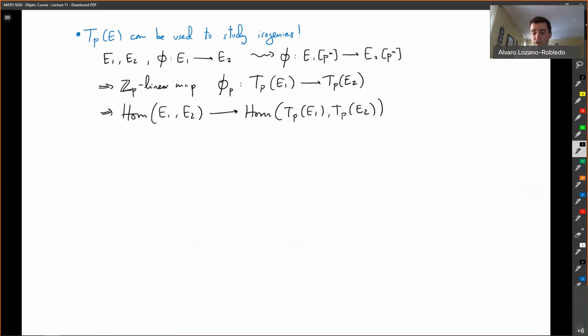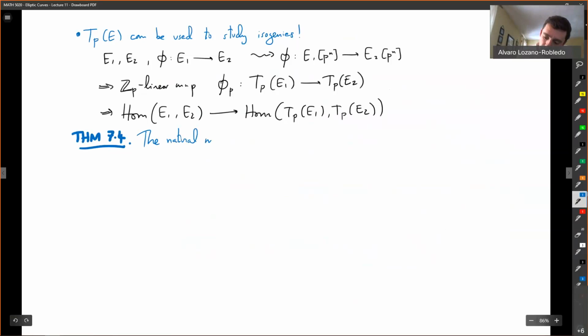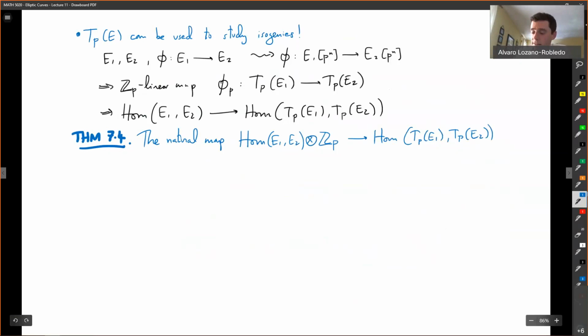Okay, and it turns out there's a theorem. I think it's theorem 7.4 in the book, that the natural map, if we tensor the homomorphisms from E1 to E2 by Z_p, to the homomorphisms between Tate modules, that sends an isogeny to the isogeny that I described before between Tate modules, is injective.